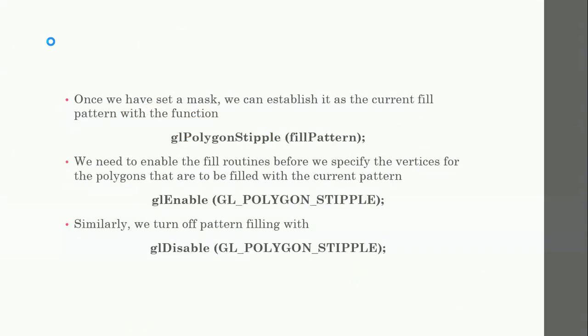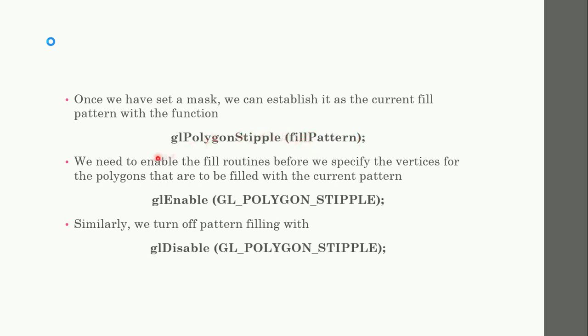So after defining the fill pattern, the next step is to invoke the polygon fill routine. How do you invoke it? That is using this function. Okay, you define it as glPolygonStipple, and inside the parameter you write fillPattern. So you are actually invoking the polygon fill routine defined earlier.